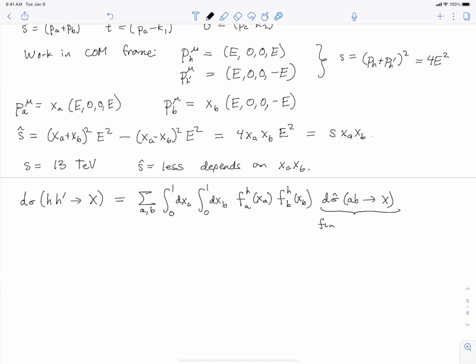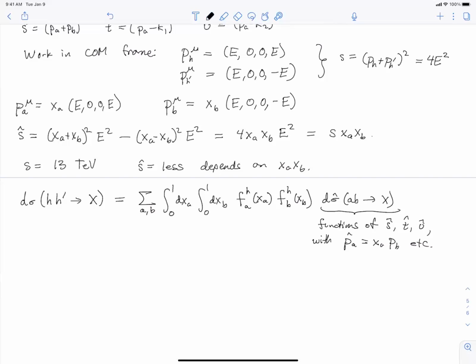These are functions of S hat, T hat, and U hat, with, for example, p_A hat equals x_A p_hadron, etc. So that's what you have to do to actually get a number out.